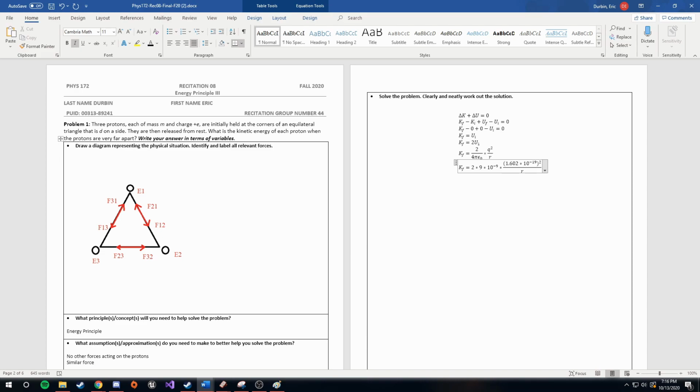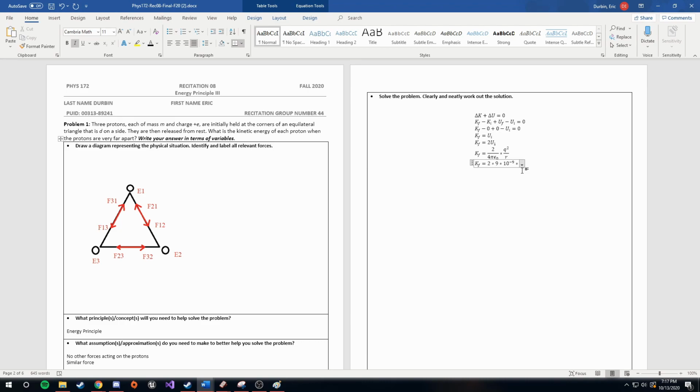So I guess I don't understand why you multiply it by 2. Oh, charge is plus e. Oops. Oh, we don't need that. So right now we're trying to find the total amount of potential energy that something has, and the potential energy would be the electric potential energy between E1 and E3, and then E1 and E2.